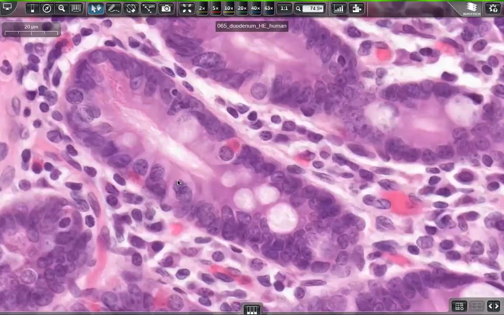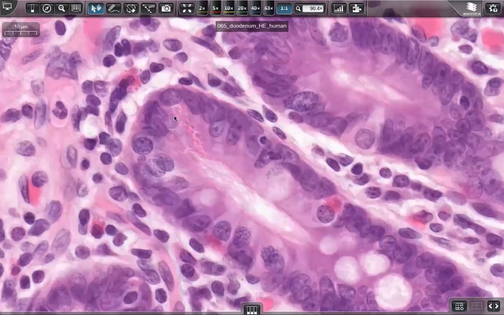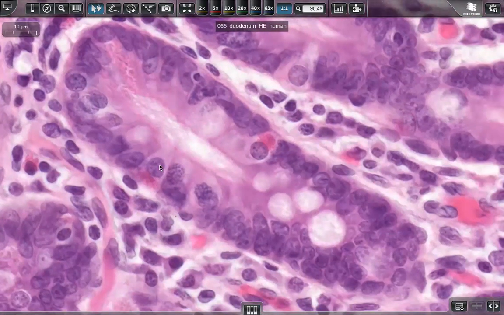So these enterocytes, goblet cells, and we have some cells here that are secreting red granules into the lumen. They are the Paneth cells, and we have some cells there collecting their product at the bottom. They are enteroendocrine cells, and maybe look at that, it seems to be after the division, the mitotic division.